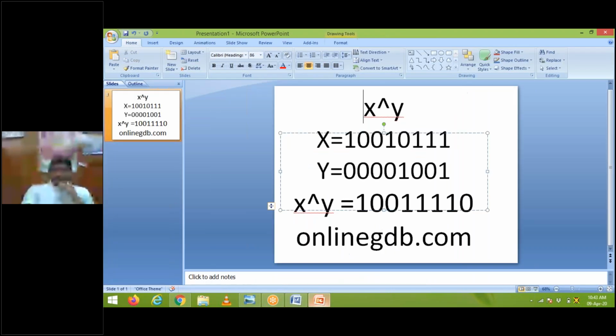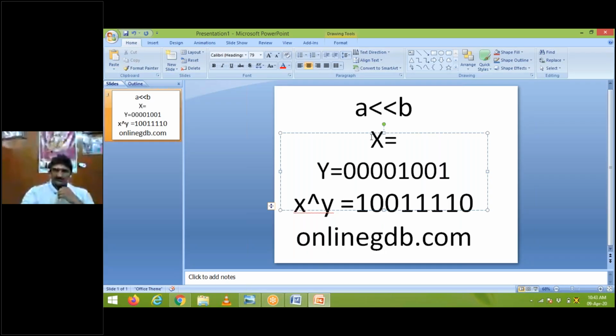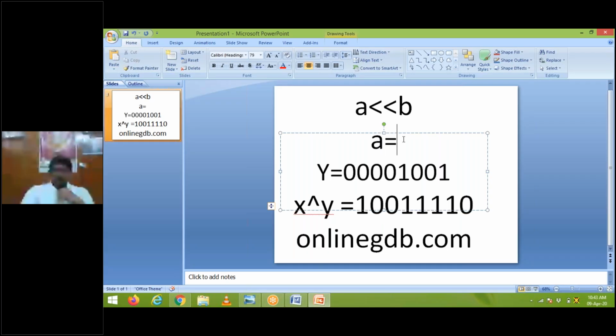This is the symbol. For example, here I am declaring A and B. A equal to 4, B equal to 2.